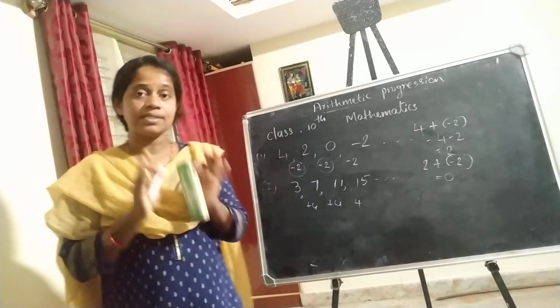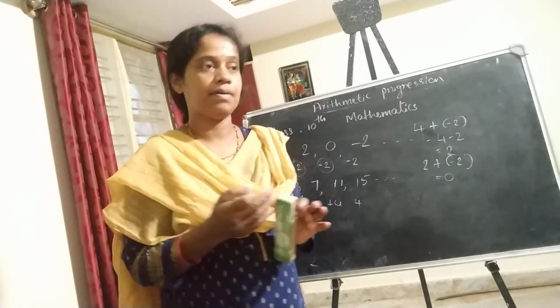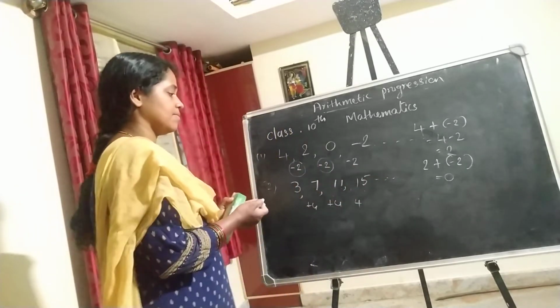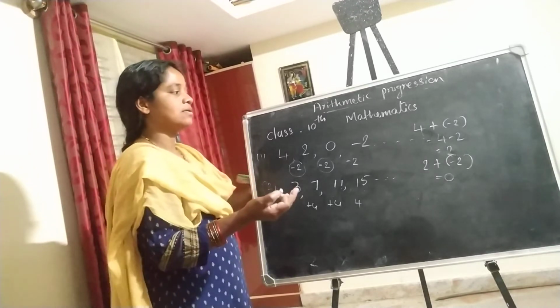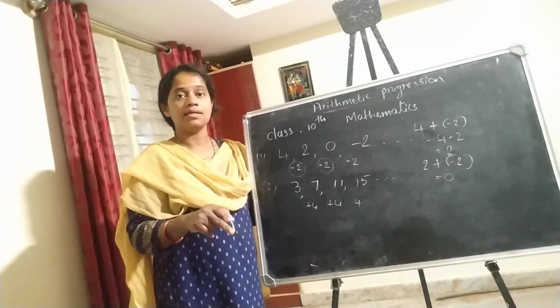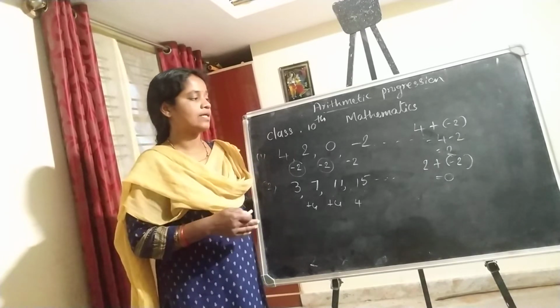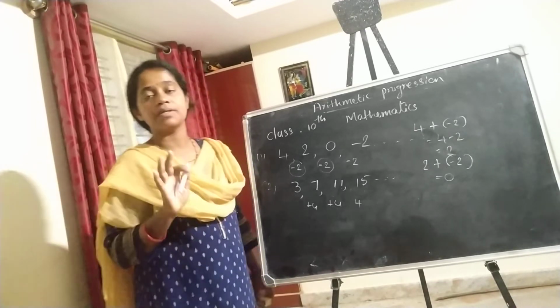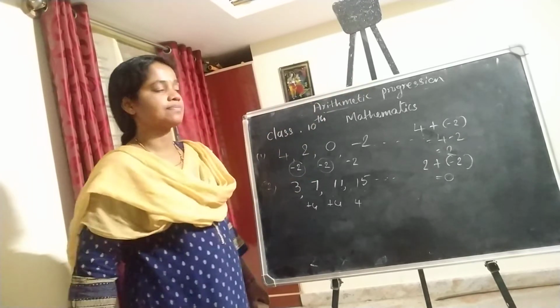The kind of sequence which forms by adding a constant term to the previous term is called an arithmetic progression.